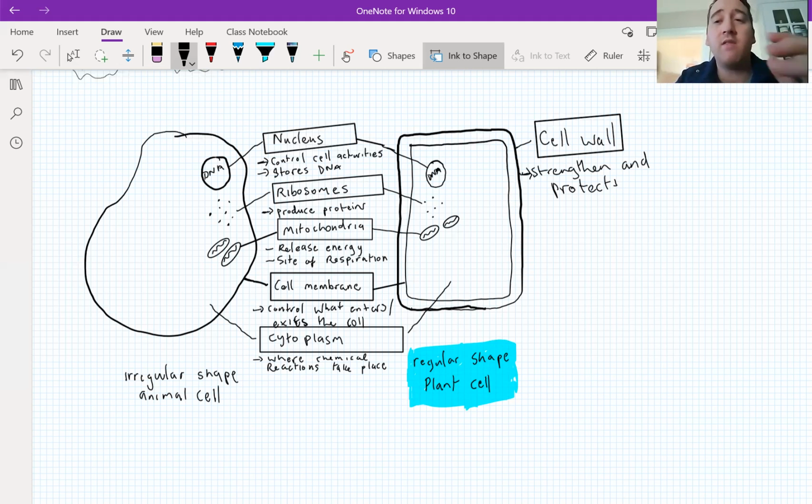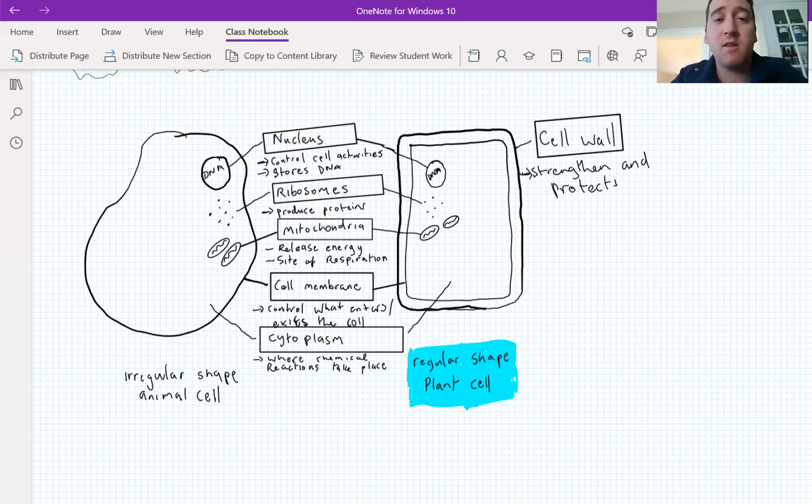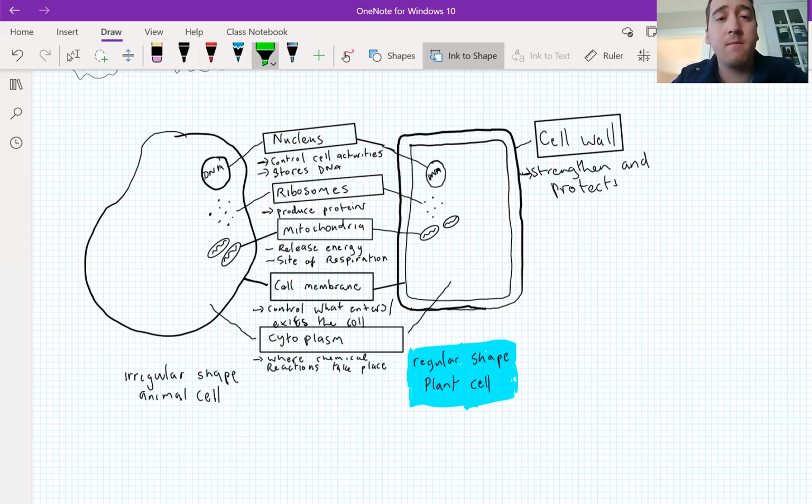It would take a lot of effort to keep a big, tall tree standing up straight, so a lot of strength is required for that, and the cell wall is one of the reasons this is possible. There are other, more complicated reasons, but it's just one of the reasons. So the cell wall strengthens and protects the cell. If you see a cell wall, that means we're not talking about an animal cell, because animal cells do not have a cell wall. It means we're talking about a plant cell.